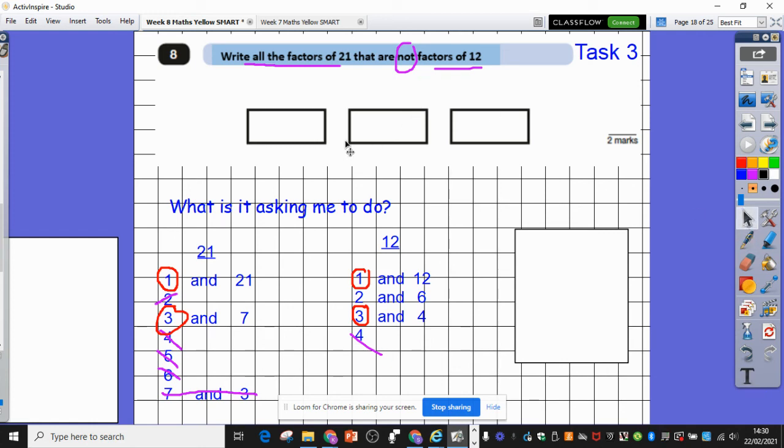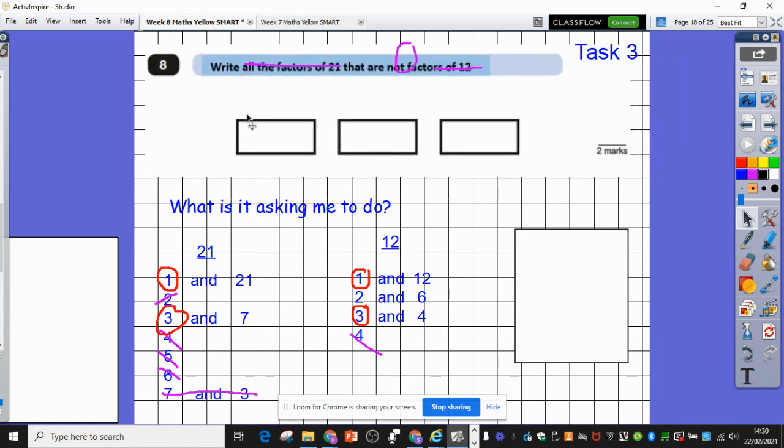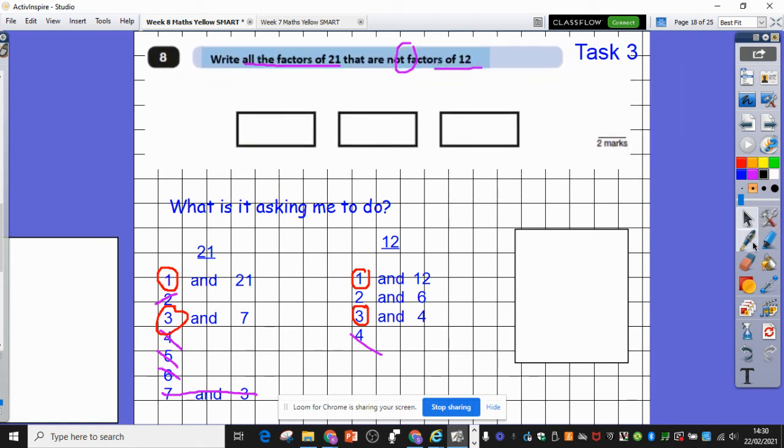So the question was saying, write all the factors of 21 that are not factors of 12. And that actually should only have 2 boxes there. We don't need that box, so let's just cross this one out. So here, what is it asking me to do? Write all the factors of 21 that are not factors of 12. So I know that 1 is a factor of 12 and 3 is a factor of 12, but 7 and 21 are not factors of 12.